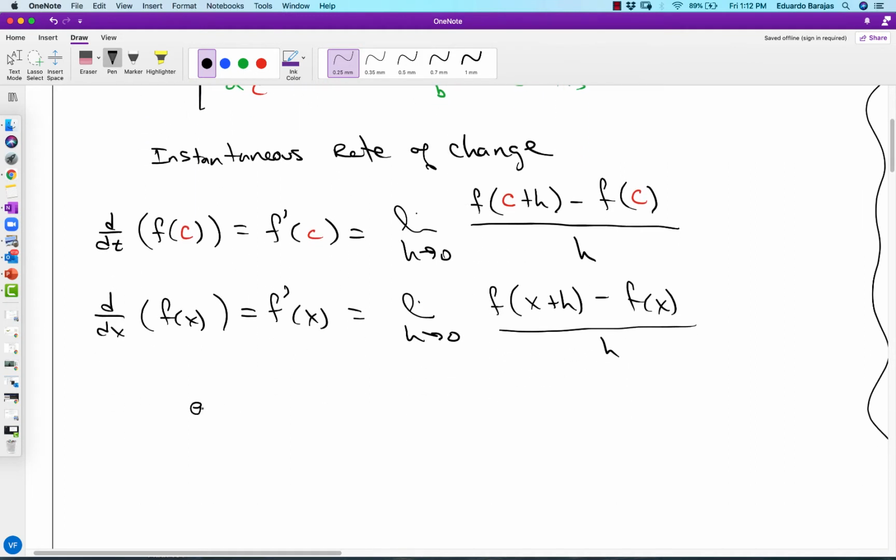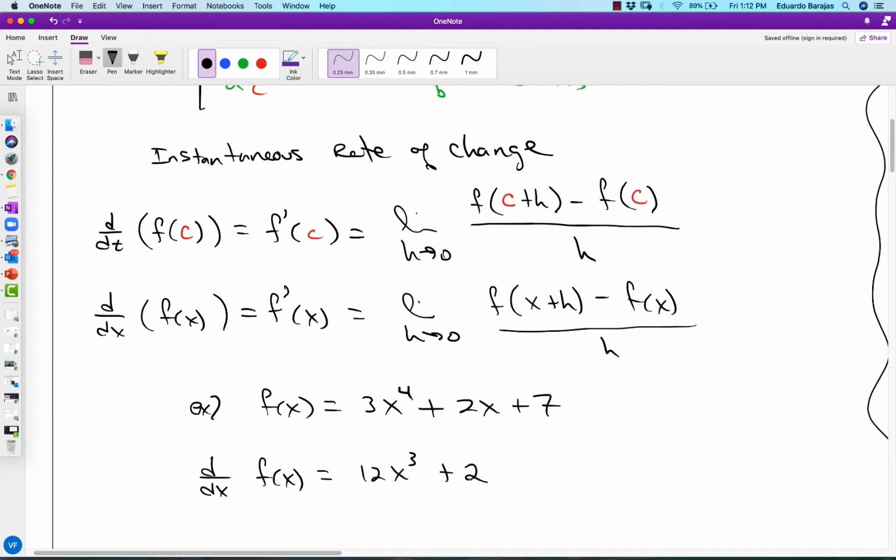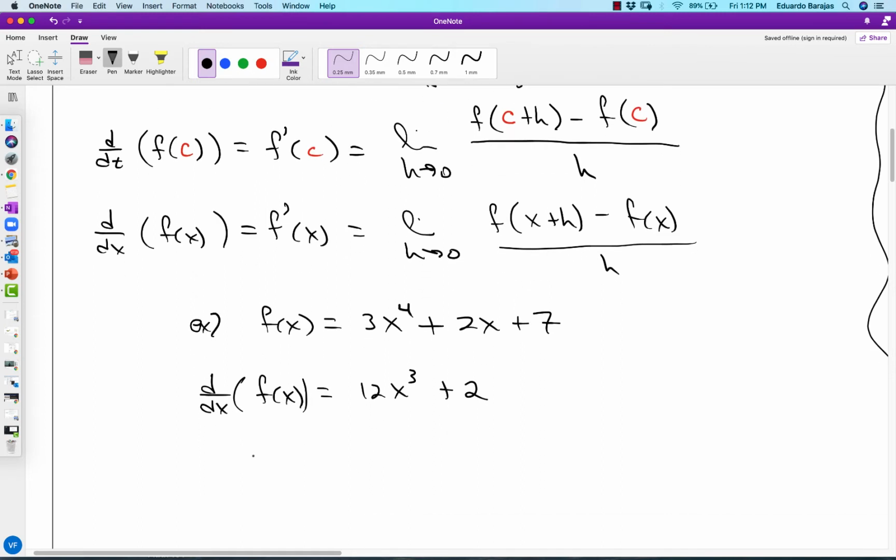As a quick example, if f of x was just the simple polynomial 3x to the 4th power plus 2x plus 7, we learned pretty quickly that the derivative with respect to x of f of x would be equal to 12x to the 3rd power plus 2, and then 0 for that one. Another notational style would be to just say that f prime of x equals 12x cubed plus 2.